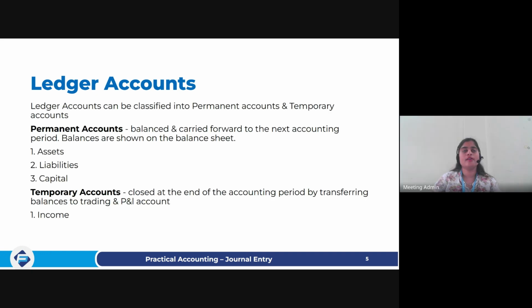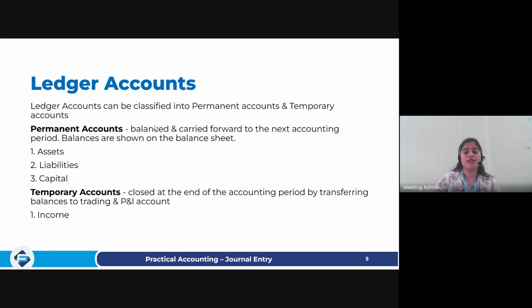Okay, so the ledger is classified into two kinds of accounts. One is a permanent account and another is a temporary account. The permanent account is balanced and carried forward for the next accounting period. Balances are shown in the balance sheet, like assets. Whenever you have any transaction related to assets, liabilities or capital, those are carried forward for the next year.